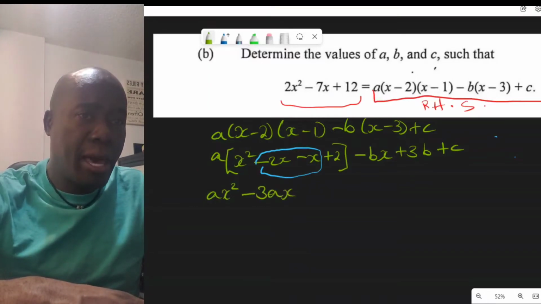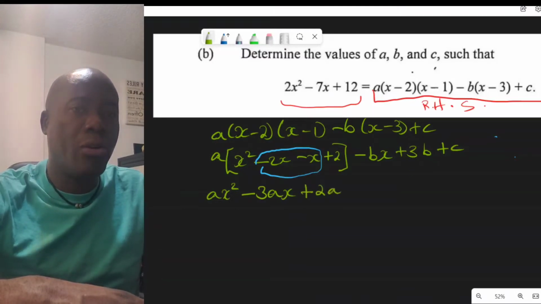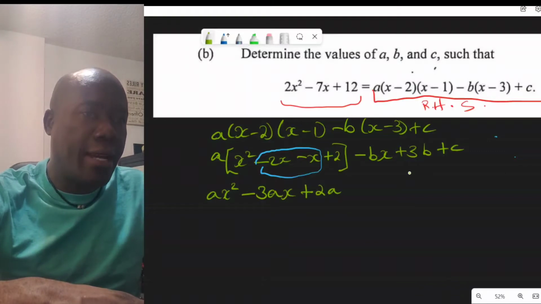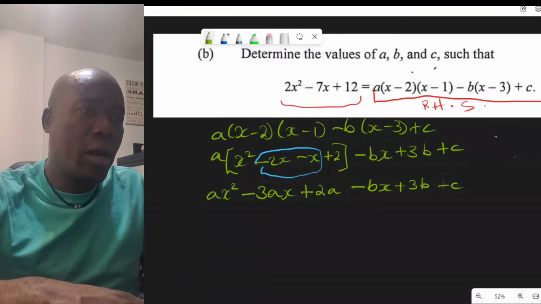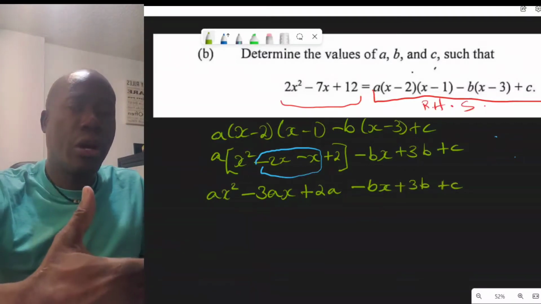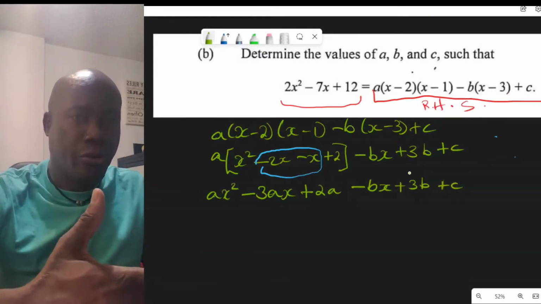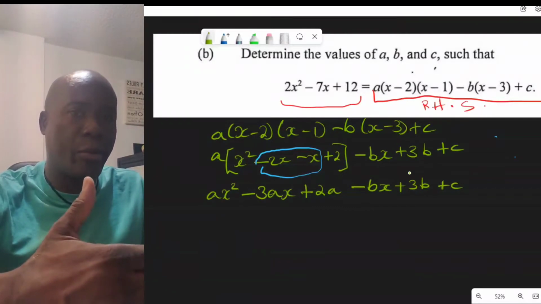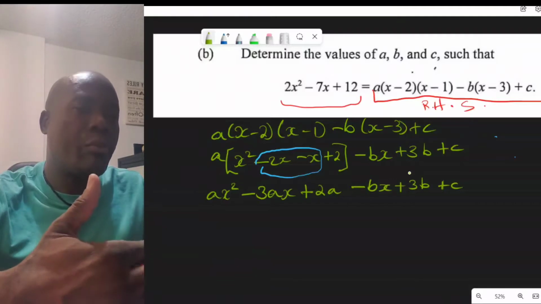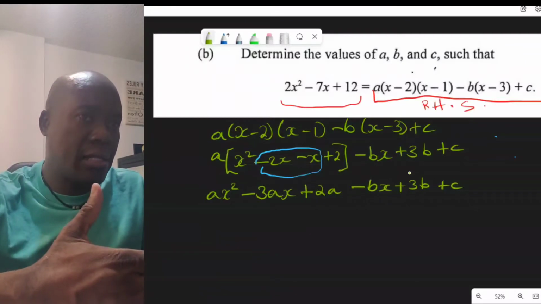And then I'm going to have a positive 2a coming out of that. Then behind that, I'll have my bx plus 3b plus c. What I want to do now is to collect my like terms, right? So when I say like terms, I want to put together the x squares, I want to put together the x, and I want to put together the constants, all right?